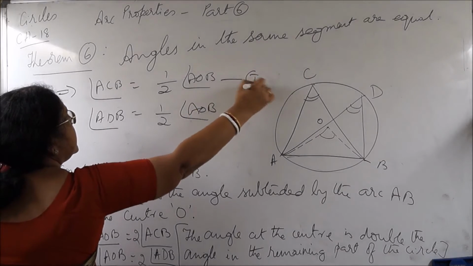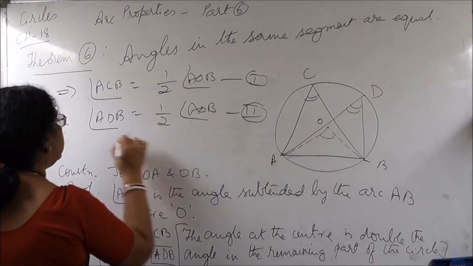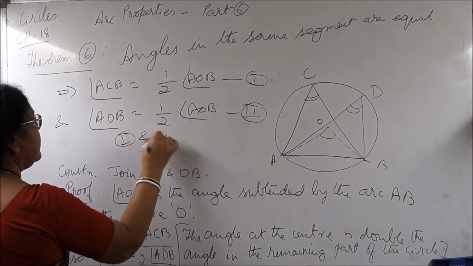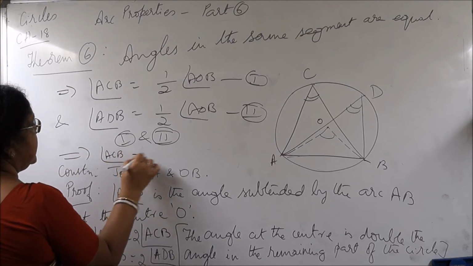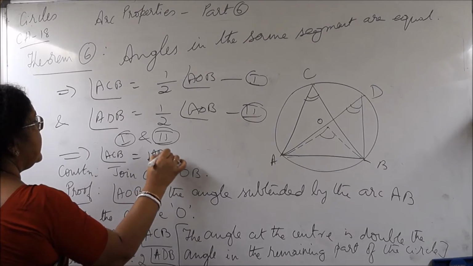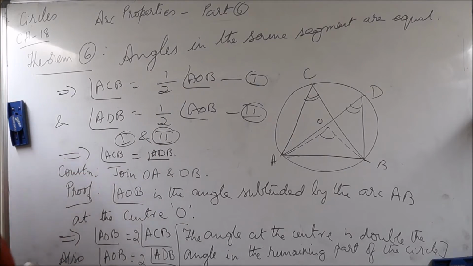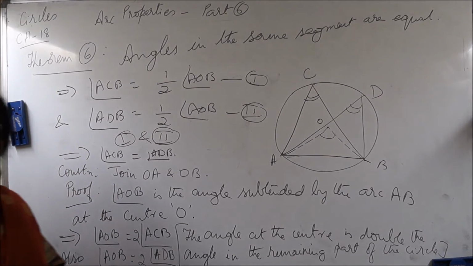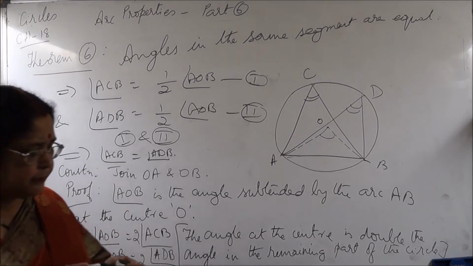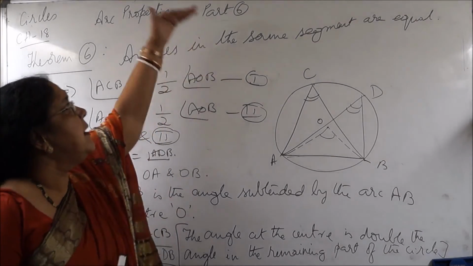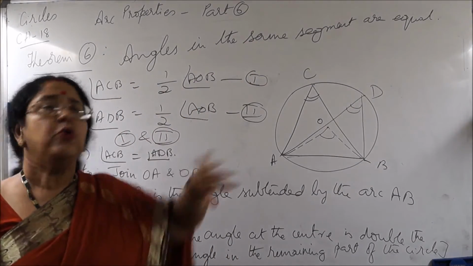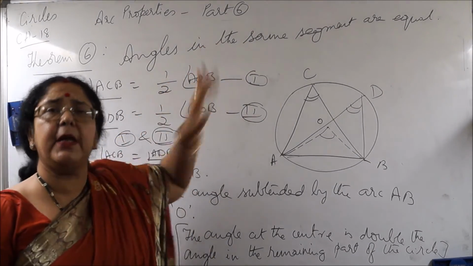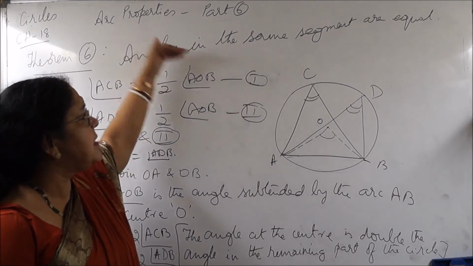Now suppose this is 1 and this is 2. So 1 and 2 imply that angle ACB is equal to angle ADB. That is what angles in the same segment are equal means. So this is proved universally, and we are free to use this theorem in any circle. In any circle this is true.